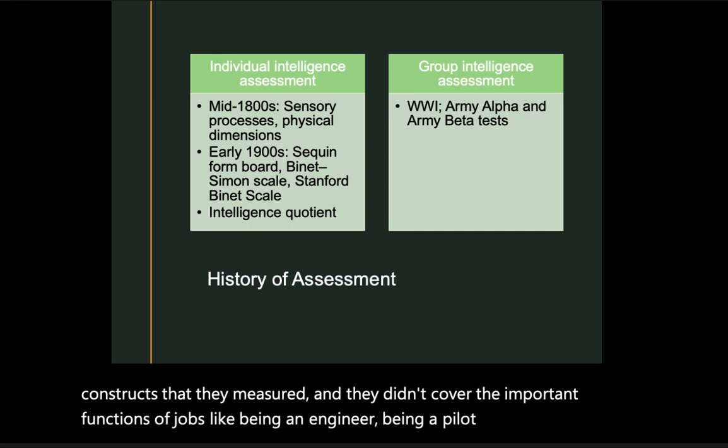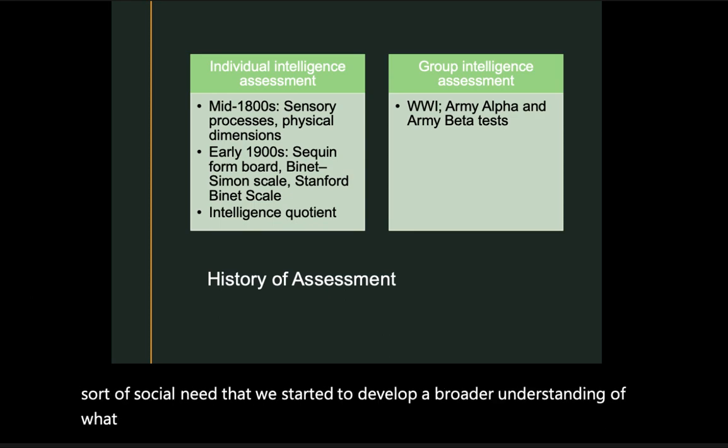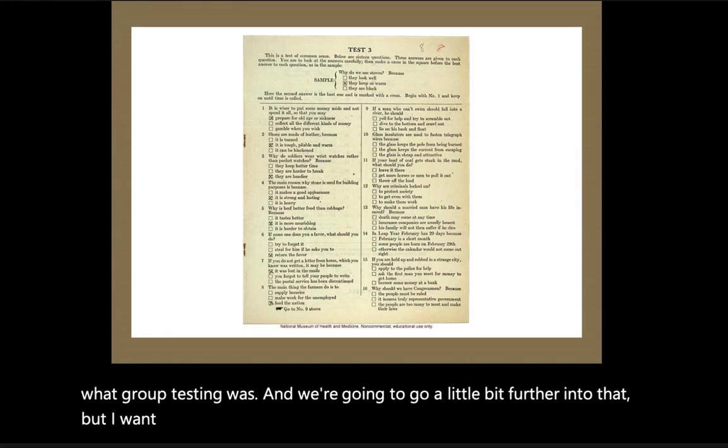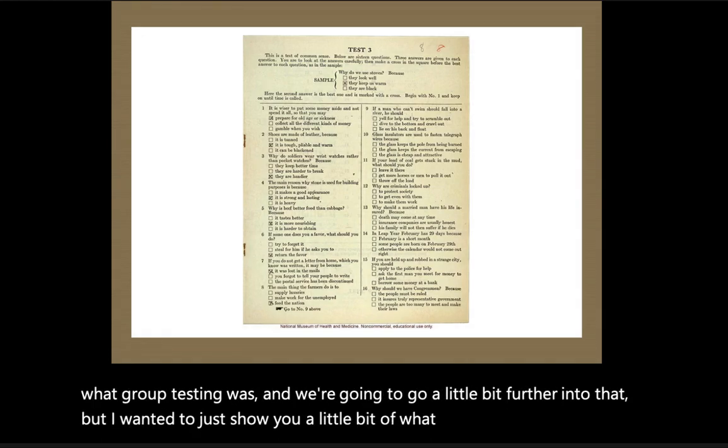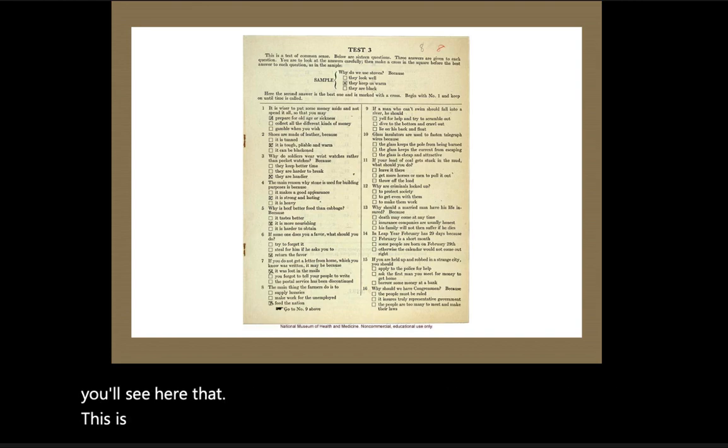So it was from this sort of social need that we started to develop a broader understanding of what group testing was. We're going to go a little bit further into that, but I wanted to just show you a little bit of what the Army tests look like. You'll see here that this is a snapshot of the Army Alpha test.